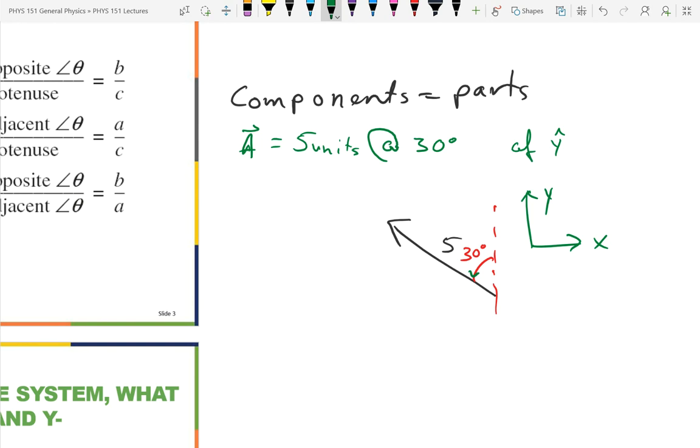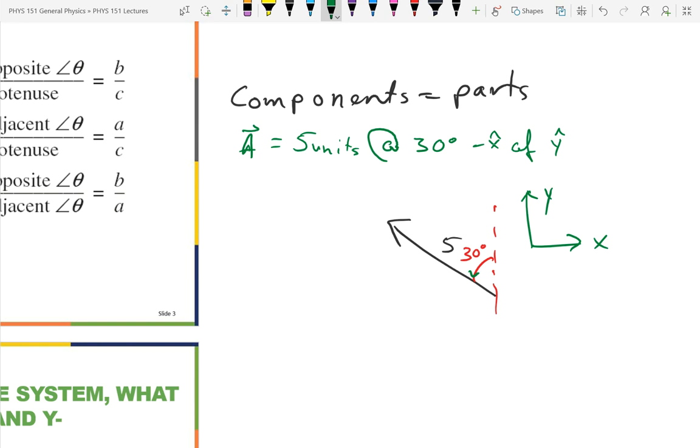What axis am I moving toward if I'm going counterclockwise here? Toward the minus x. So I'm going to put minus x hat of y. That completely specifies my vector. It has the magnitude, it has the angle, and it tells you where the angle is measured from and to. Yes, everybody.